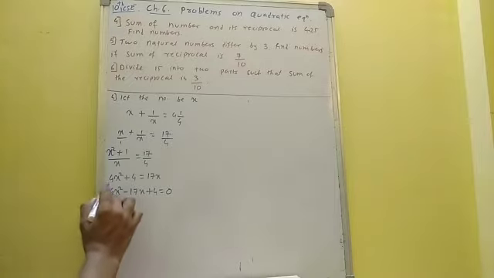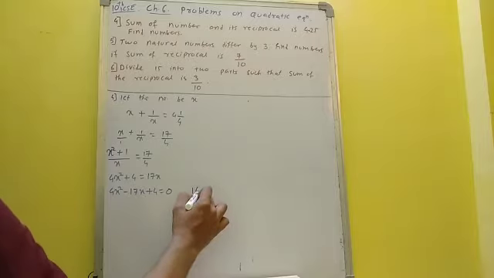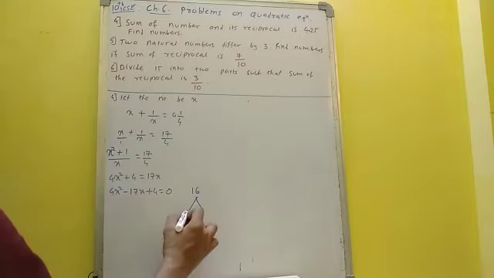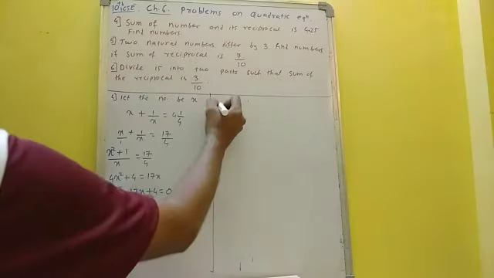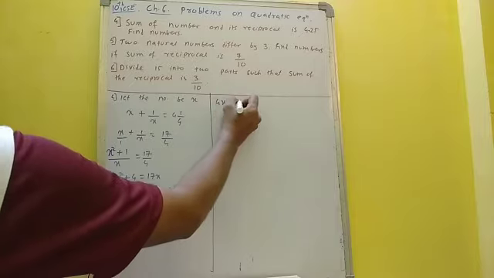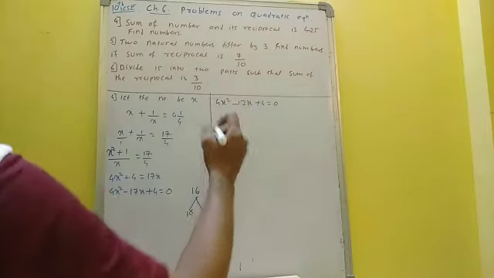Okay, now we need to multiply 4 4s are 16 and split 16 such that in addition I should get 17. That is again 16 ones are, which is very easy. 4x square minus 17x plus 4 is equal to 0.